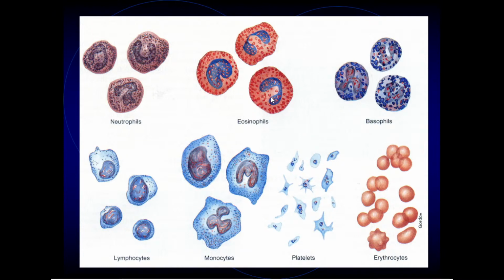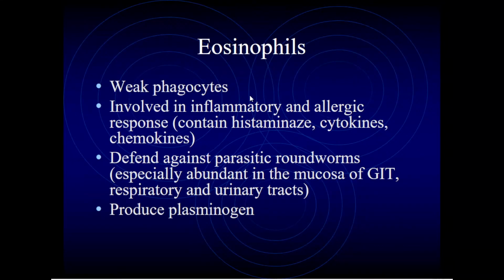They release proteins, cytokines, chemokines that produce inflammation, but also are capable to kill invading organisms. Functions of eosinophils are the following. Eosinophils are weak phagocytes. They are involved in inflammatory and allergic response.